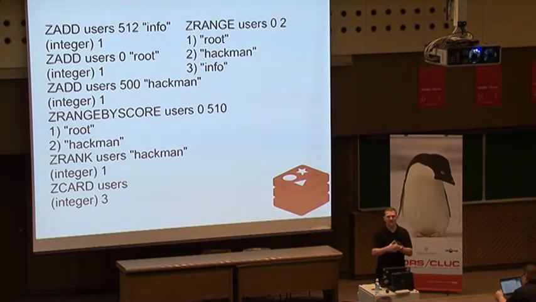The first thing is a weight. Here I simply used the weight as a user ID because the user ID is an integer. And this way you can get ordered lists all the time. Redis will order these lists for you without any problem.